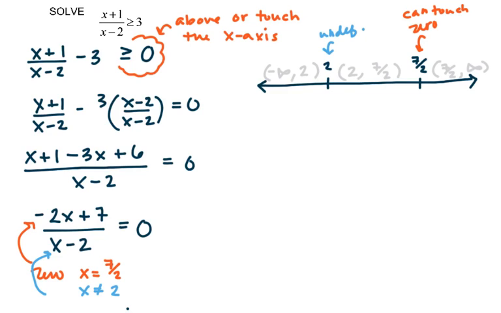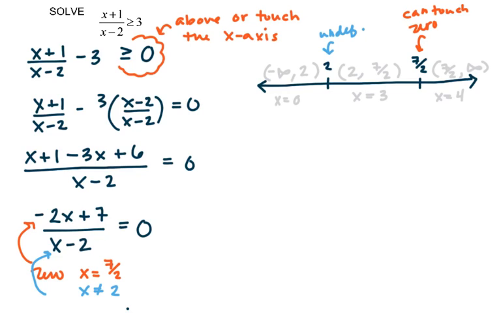Okay, so we pick a test value on each interval. I would choose x equals 0, x equals 3, and x equals 4. I'm going to test these. We can come back up and test them in the original inequality, or I can test them in the second inequality I found. Either one works.